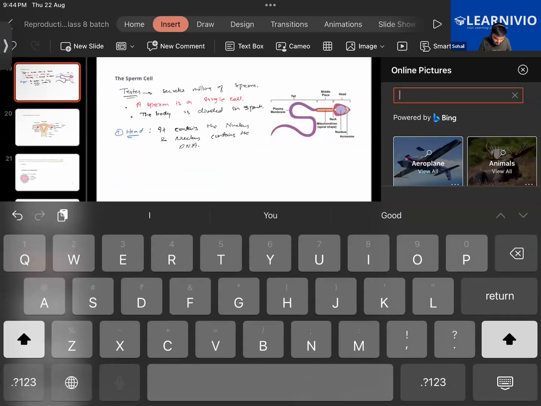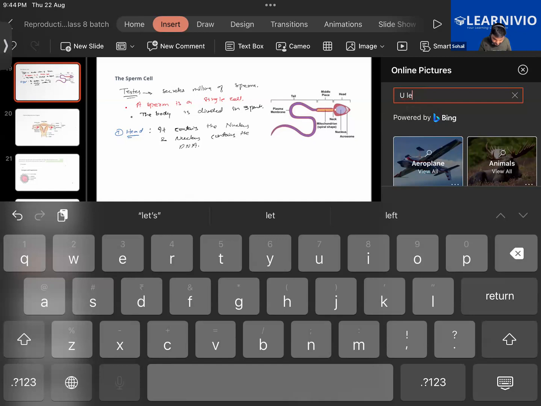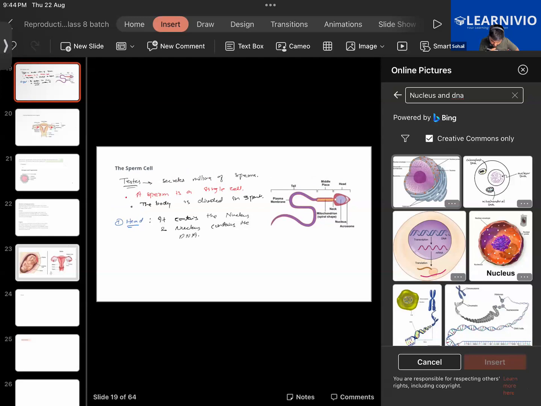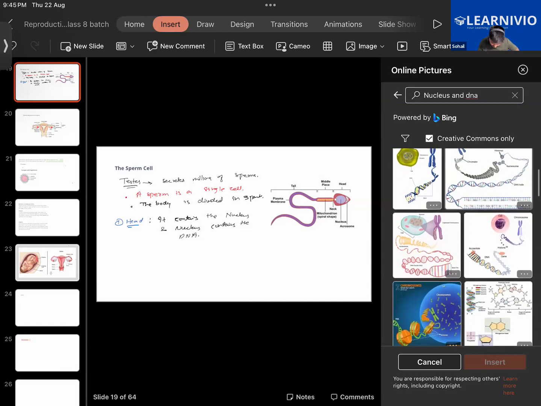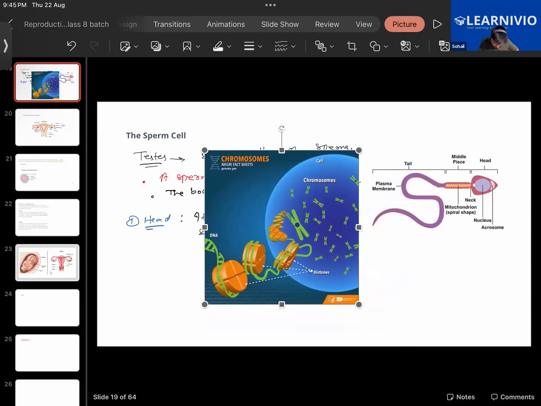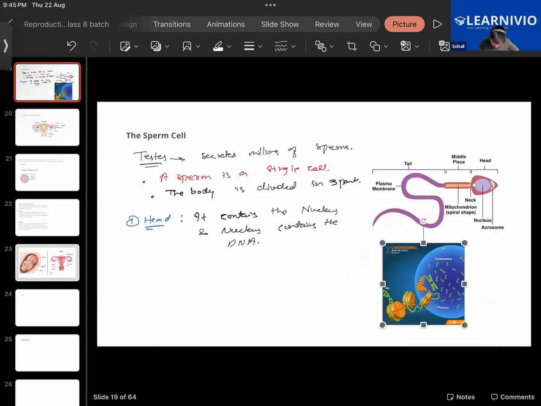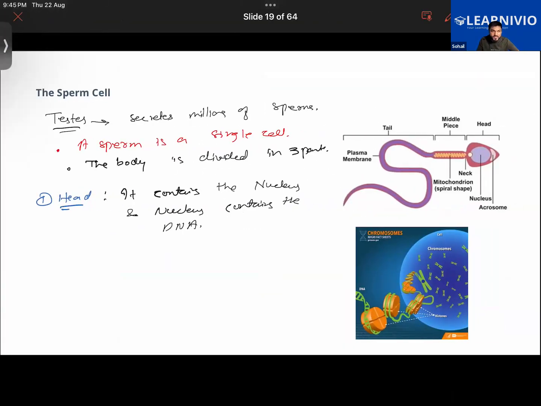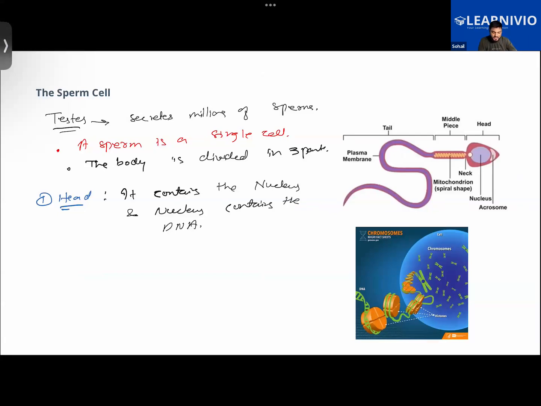Now, with the help of this diagram, let us try to understand the structure of the nucleus.